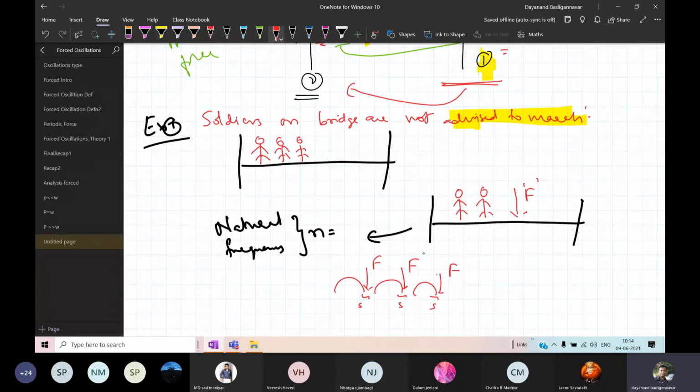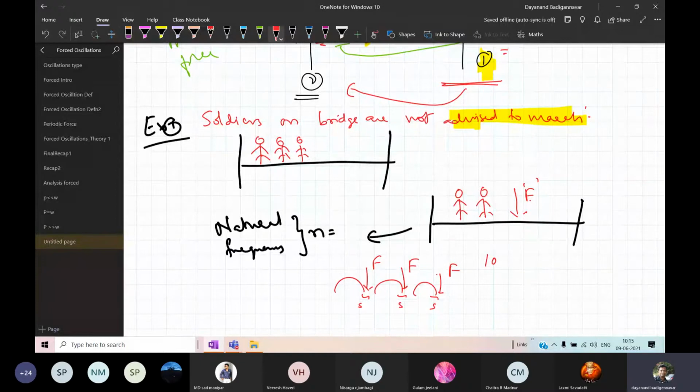Here it is not one person; there are a large number of soldiers, lakhs together. When lakhs of soldiers are marching on the bridge, a large value of force is incident on the bridge.